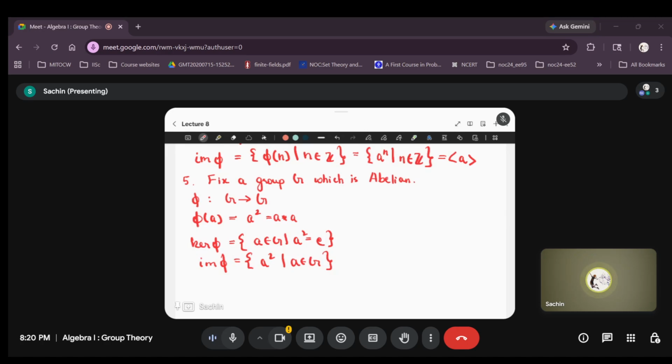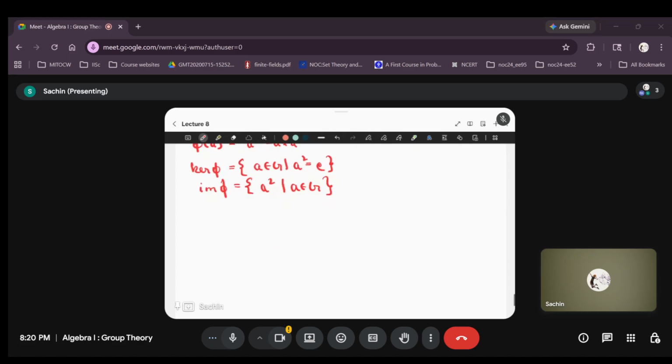We'll see some more examples. Consider the mapping from R star to R star. Phi of x is the absolute value of x.